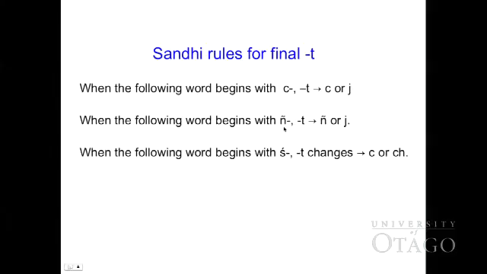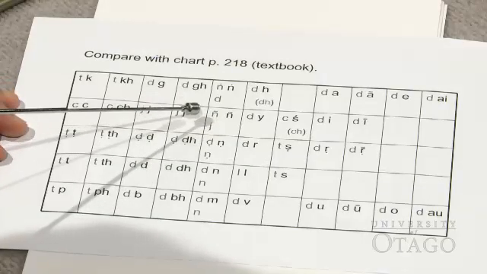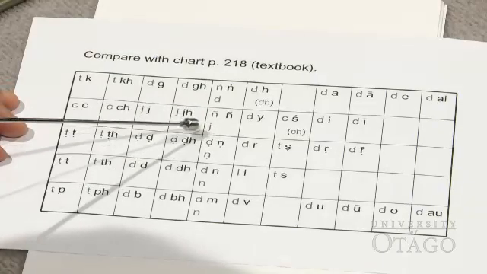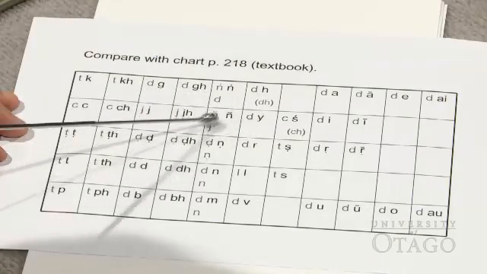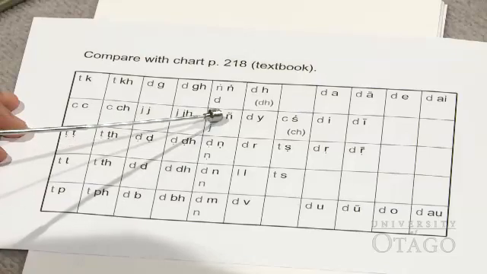The next one, when the following begins with ya, you can change T to ya or ja. See from the chart, you change T to ya or T to ja, following with the first word ya here.